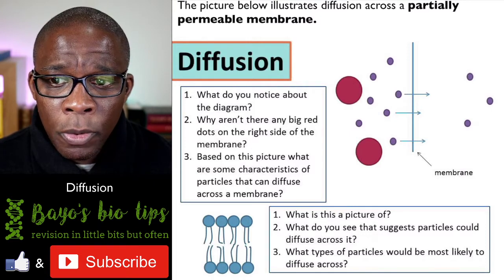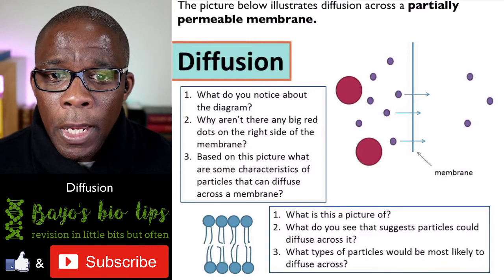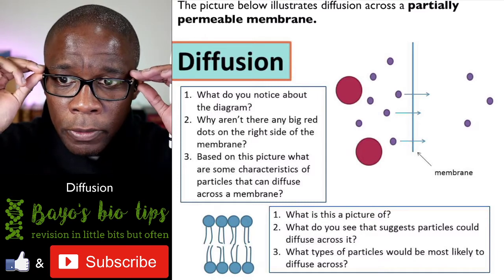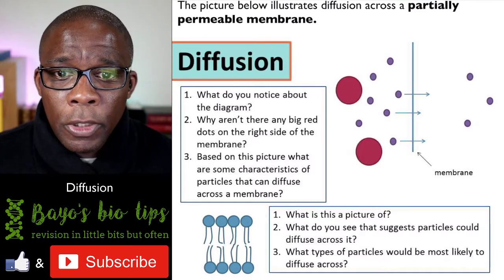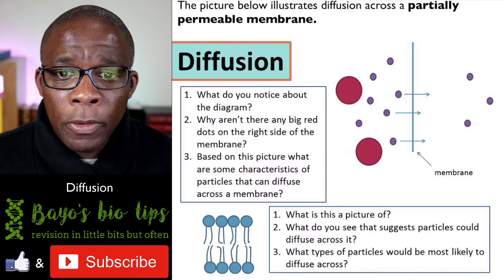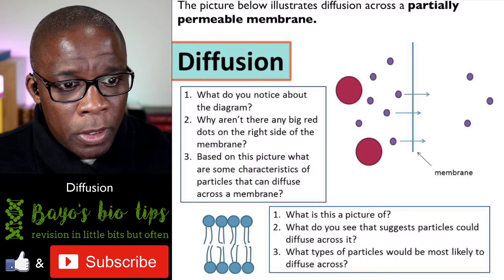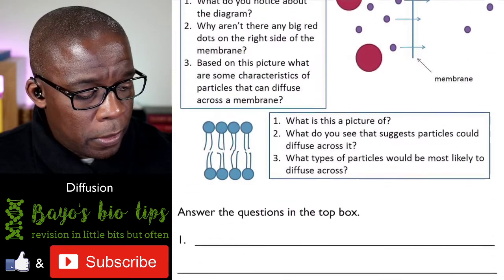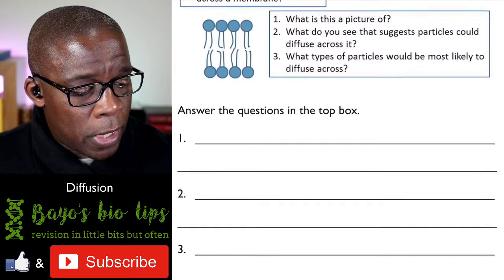You might want to pause the video for a second and attempt to answer the questions, and then we'll go through it together. So you may pause the video right now. Okay, so what do you notice about the diagram? So let's start off with that. And we've already sort of mentioned that.